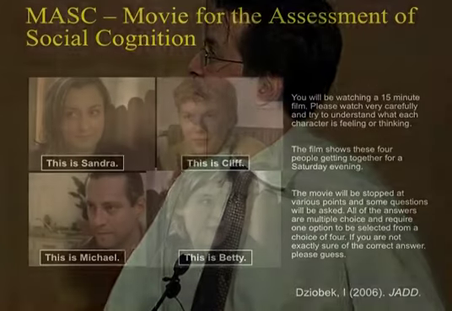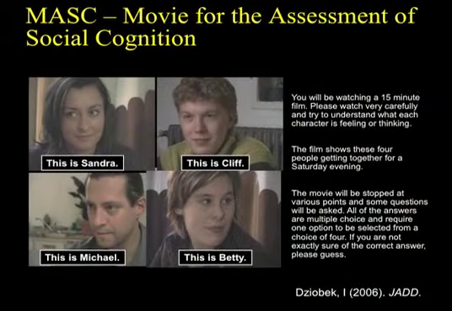The other task we're using is called the Movie for the Assessment of Social Cognition. It was developed in Germany, so you'll have to forgive that there's an English voiceover. It's done pretty well, but it's not great. This task is also done on a computer, and you're introduced to four different characters.